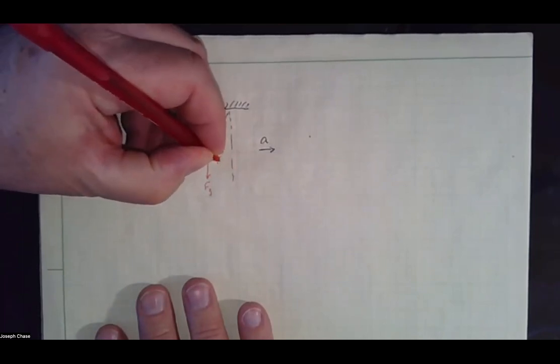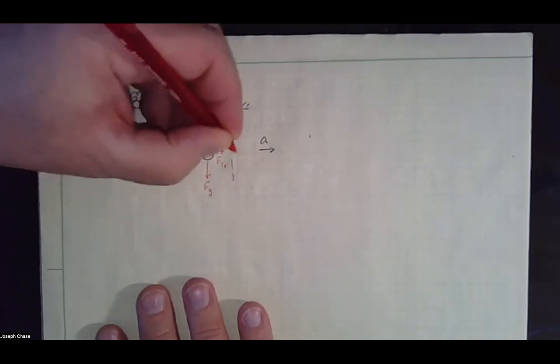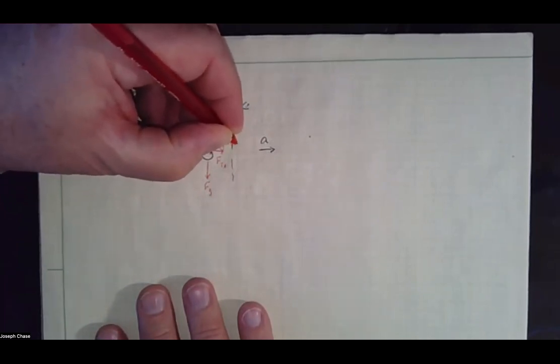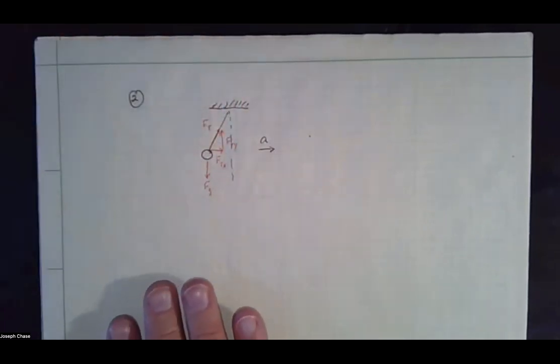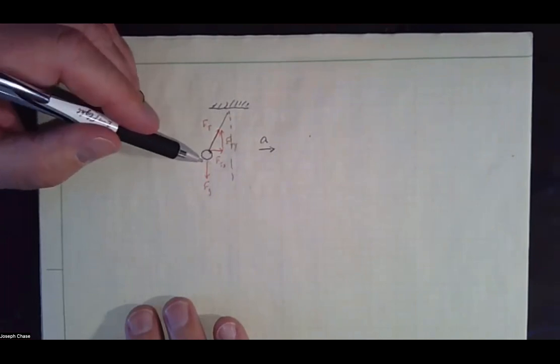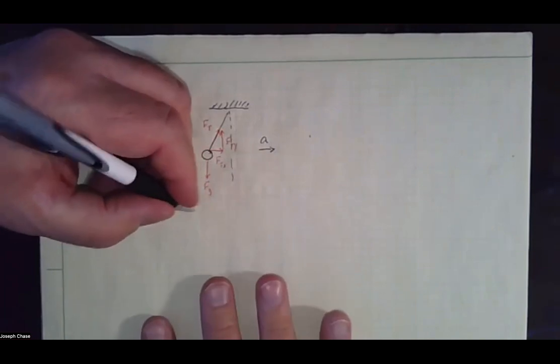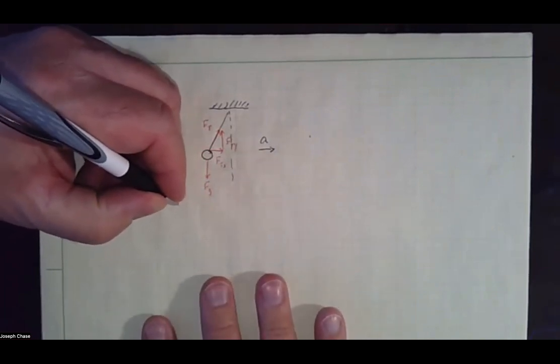So we could call this Ftx, and a vertical component that we could call Fty. So this is not a two-body problem. This is just a one-body problem, but it does have two-dimensional components of vectors. So we have to break this up into its x and y components.